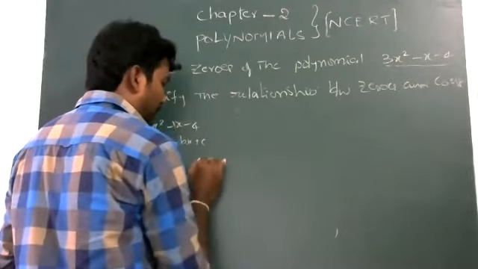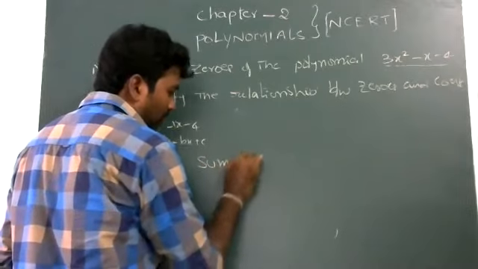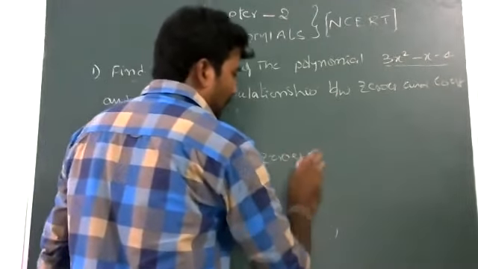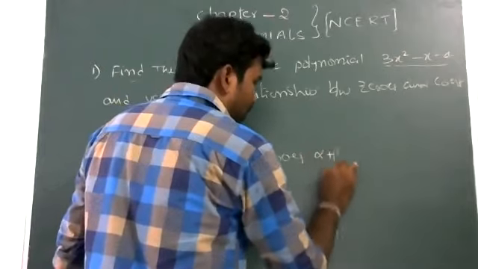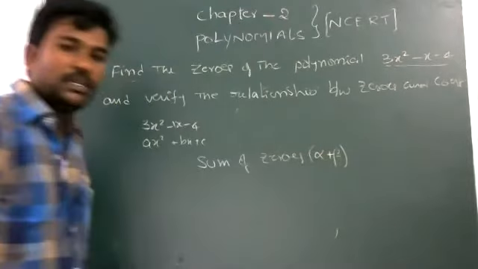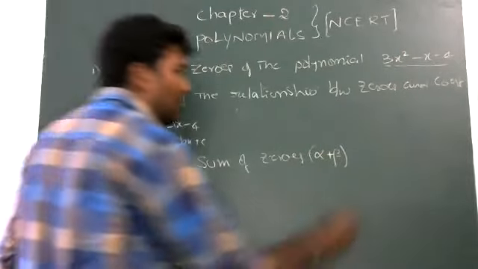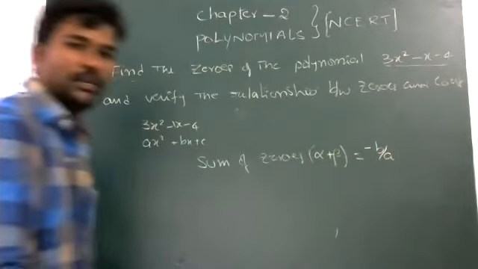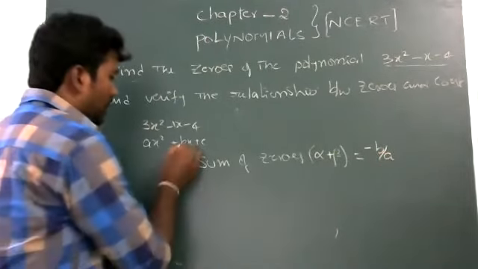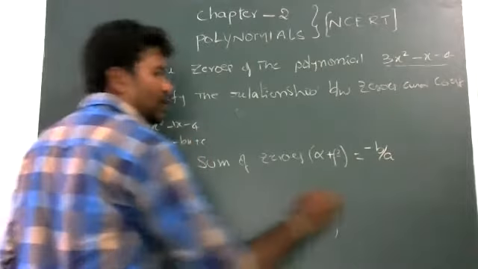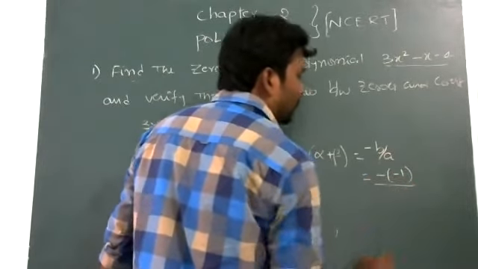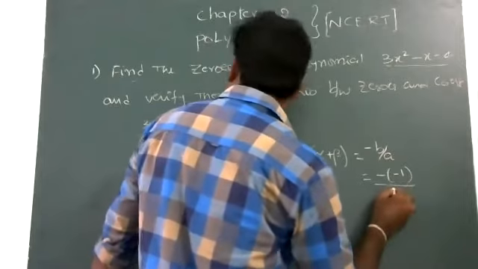Here you can write the sum of zeros of the quadratic polynomial, alpha plus beta. Already in the last class we completed that the sum of zeros, alpha plus beta, equals minus b by a. Now what is the b value? Minus 1. So that equals minus of minus 1 by a, which is 3.